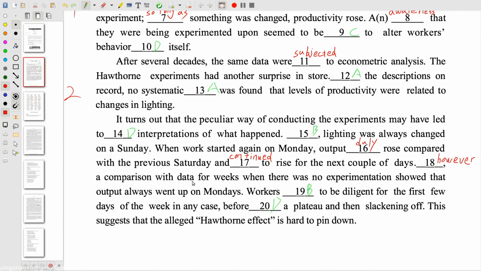However, a comparison with data for weeks when there was no experimentation showed that the output always went up on Mondays. Workers tended to be diligent for the first few days of the week in any case, before hitting a plateau and then slacking off. This suggests that the alleged Hawthorne effect is hard to pin down.